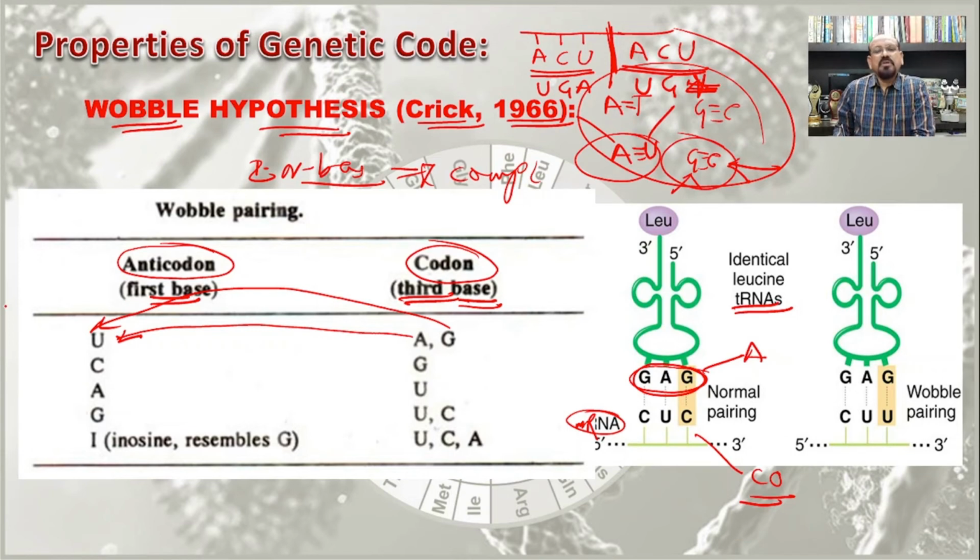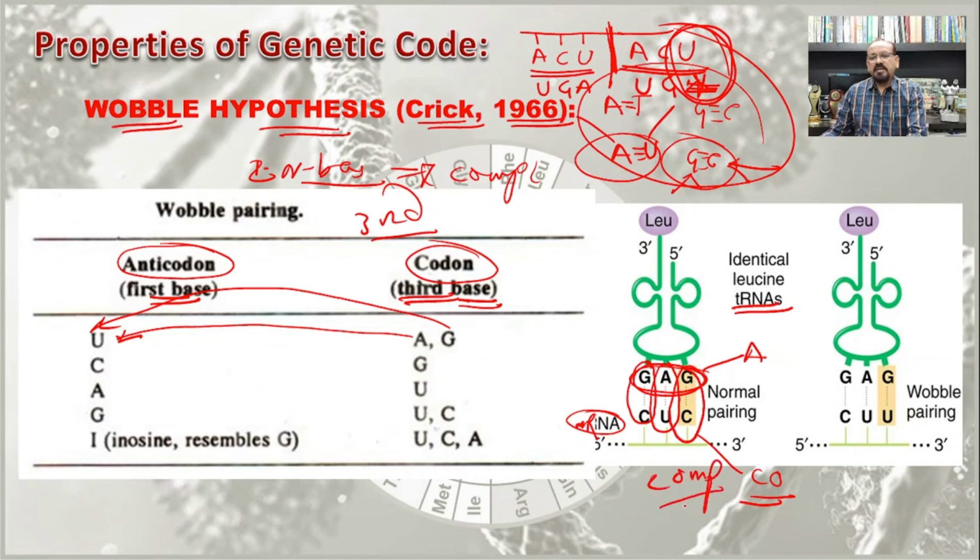Such a type of nitrogen base pairing on the third nitrogen base, which is not complementary, is known as the Wobble pairing, and such a phenomenon is known as the Wobble hypothesis. If you see this one, C and G, then A and U, then G and C, these are complementary nitrogen bases. But in this second diagram, G and C are complementary, A and U are complementary, but G and U are not complementary.